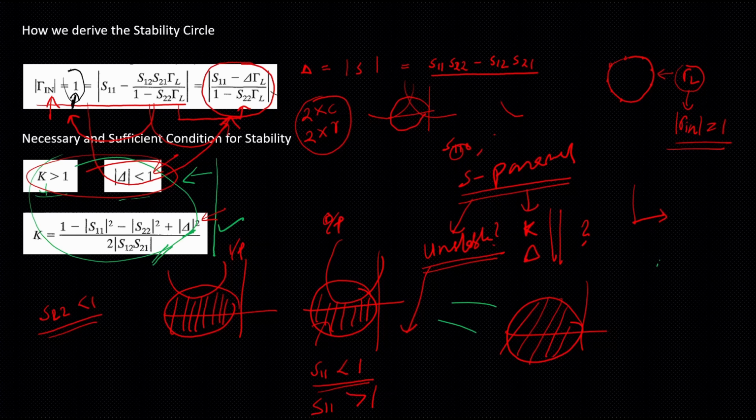In our next video, I won't be doing it in Serenade because Serenade relies on manual calculation. So I think you can do it. What I'll show you in my next video is how we automate this in ADS, how we give the S parameters to ADS and how ADS brings us the circles automatically.